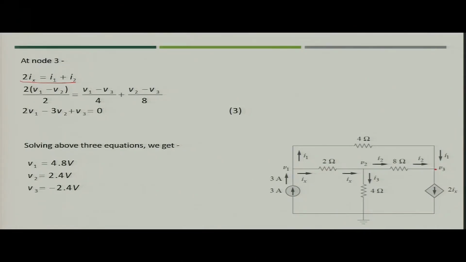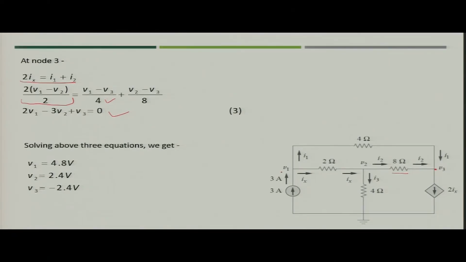So, you will just place the value of Ix in the dependent current source. So, you will get 2 Ix is nothing but 2 into V1 minus V2 by 2, and then I1 is nothing but V1 minus V3 by 4, and I2 is V2 minus V3 by 8, right. So, you got another equation from node 3.